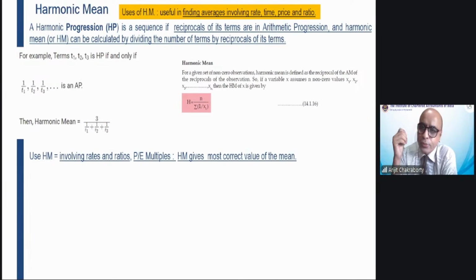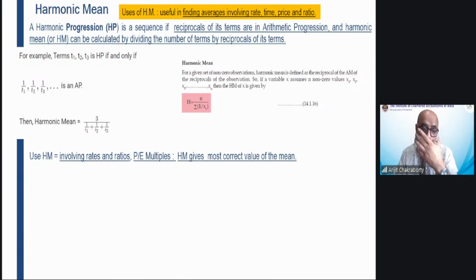So we are given three numbers, T1, T2 and T3. In the calculation of harmonic mean, in the denominator, what we are doing is we are adding 1 by T1 plus 1 by T2 plus 1 by T3. That means we are adding the reciprocals, or the inverse, of the given numbers.